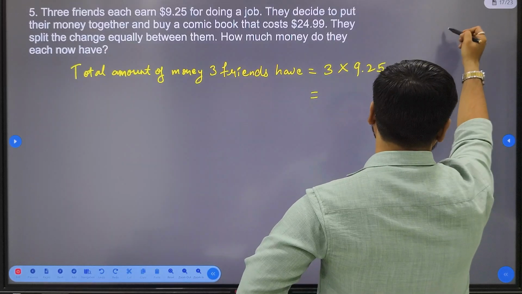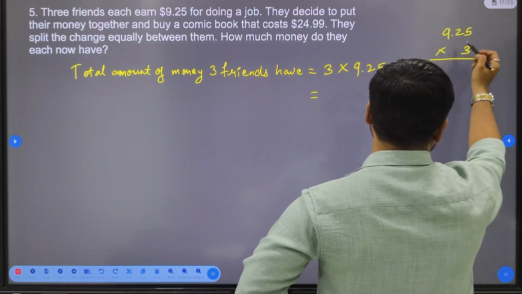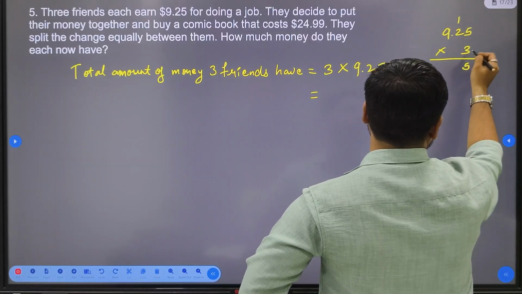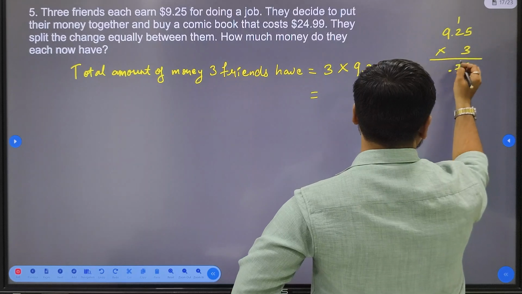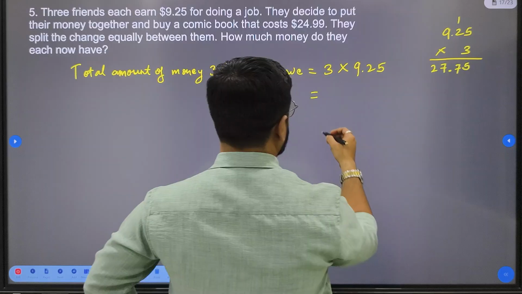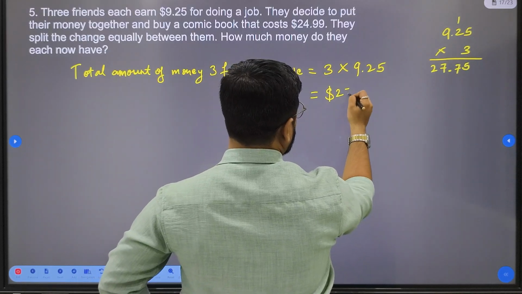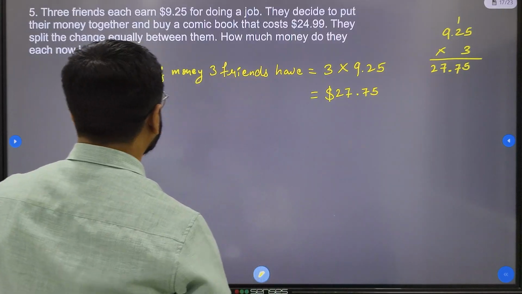Let's do the multiplication. 3 into 5 is 15. 3 into 2 is 6, plus 1 is 7. 3 into 9 is 27. Together they earn $27.75.